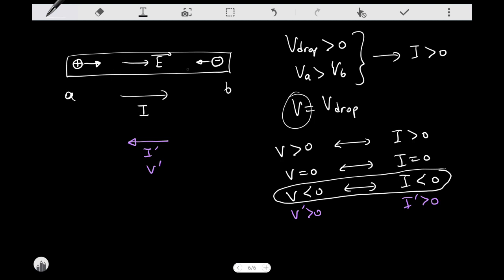If there is something else in here, like a battery or an electric engine, for example, it might be possible that the potential drop and the current have different signs, but for resistors they should have the same sign.